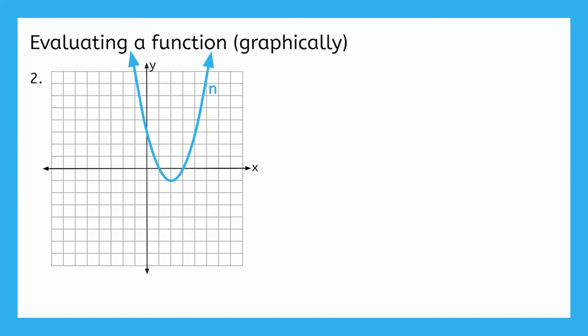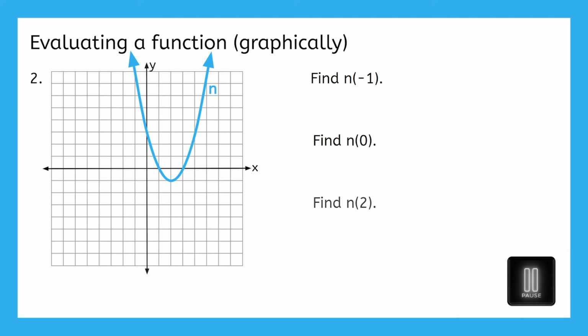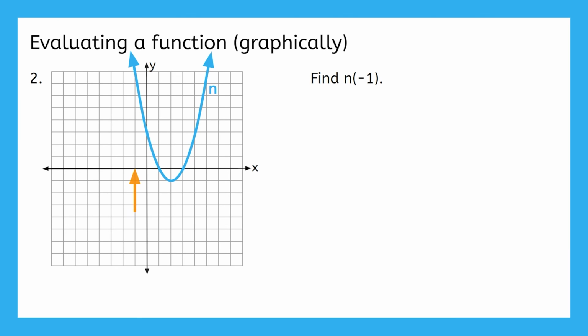Let's practice evaluating a function graphically with an example problem. Here is the graph of function n. Pause the video here and find n of negative 1, n of 0, and n of 2 graphically. When evaluating n of negative 1, I see that when I input negative 1, I'll get an output of 8.